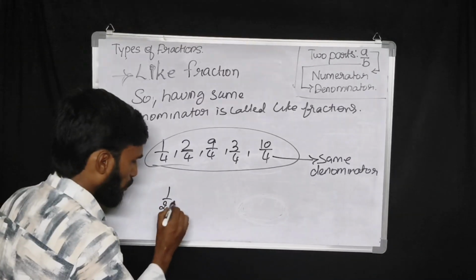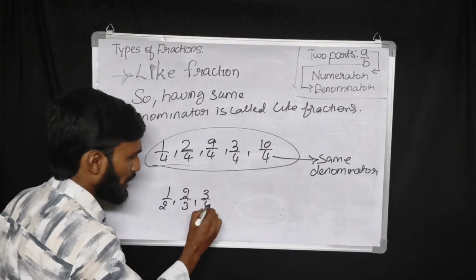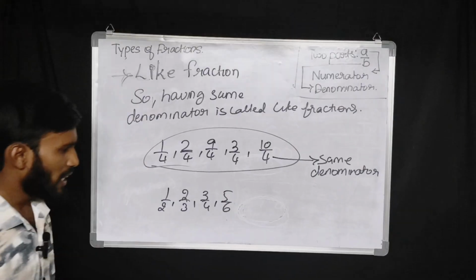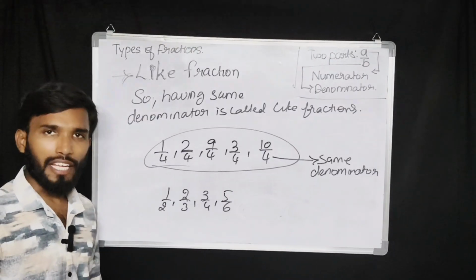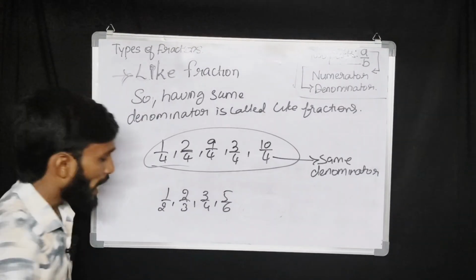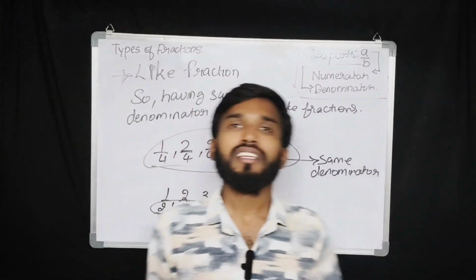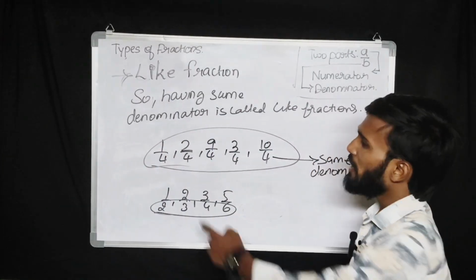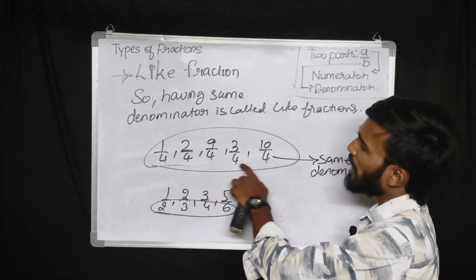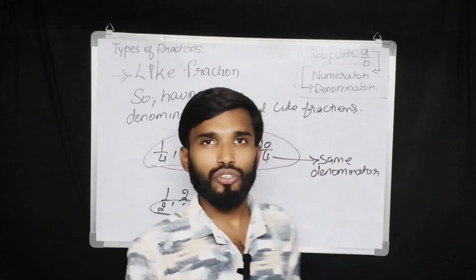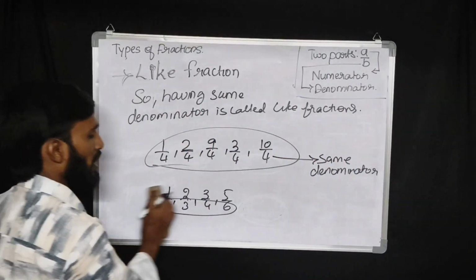But see here, 1 by 2, 2 by 3, 3 by 4, 5 by 6. Are these like fractions? No. Why? Because we don't have any common denominator. So where in a fraction the denominators are same, that fraction is known as like fraction.